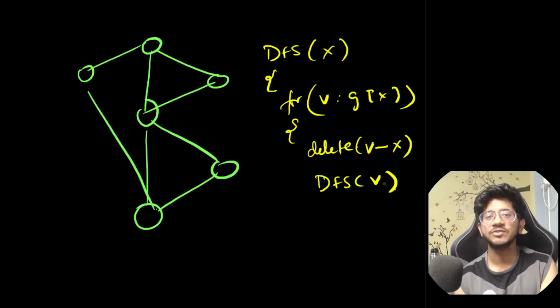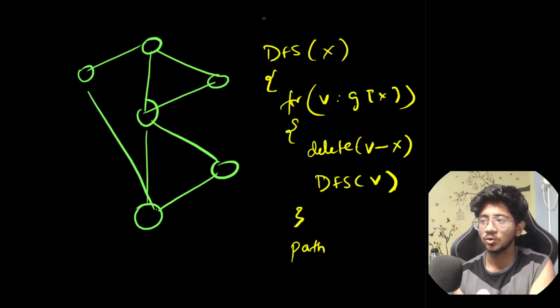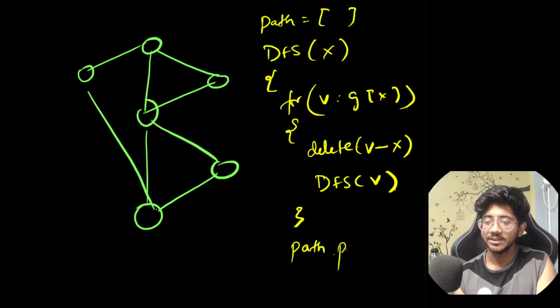Note that in this case we don't need to mark a visited, because since the edge is getting deleted, we cannot come back from v to x, so that's not a problem. And then after that you just simply append. There is a global path that you keep, and you do path dot pushback, you simply put the node x over here.